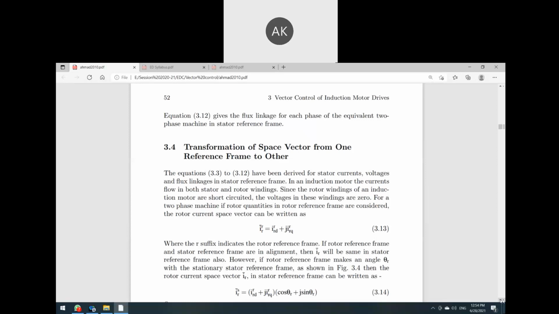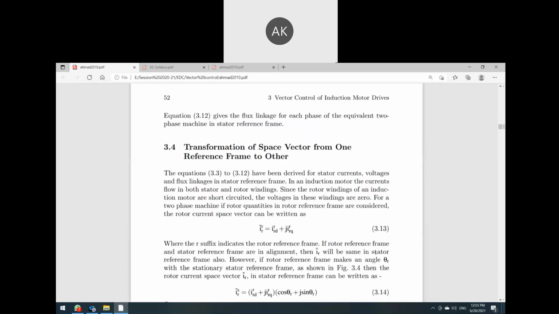If we consider the rotor reference frame, then the rotor current Ir equals Ird plus j Irq, the rotor D axis component plus the rotor Q axis component, where the suffix R indicates the rotor reference frame.